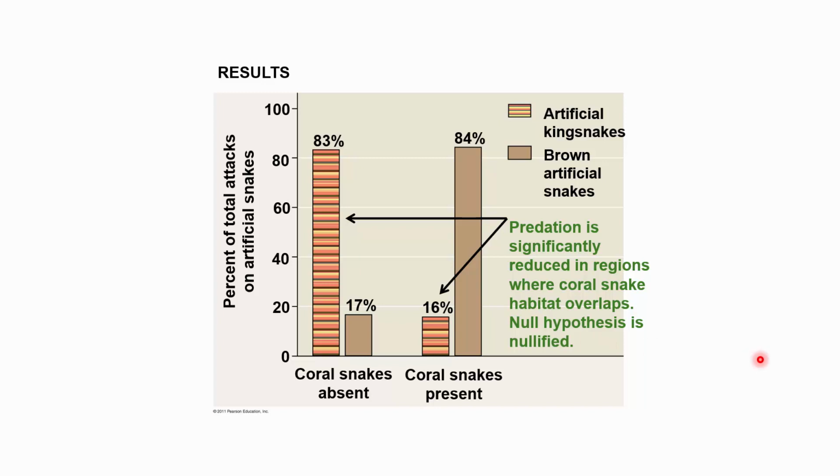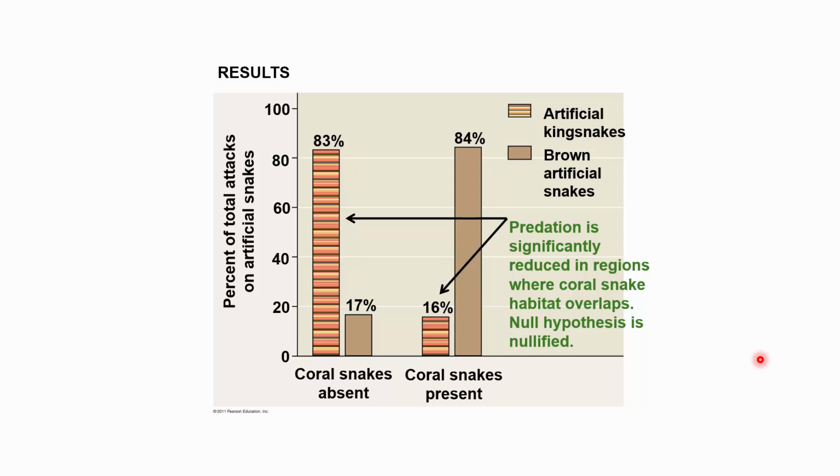So what I want us to take away from this is the steps of the scientific method and also the difference between the different variables. Controlled variables in this type of experiment would have been things like placing the snakes in areas where ground cover was the same, so some weren't more hidden than others.